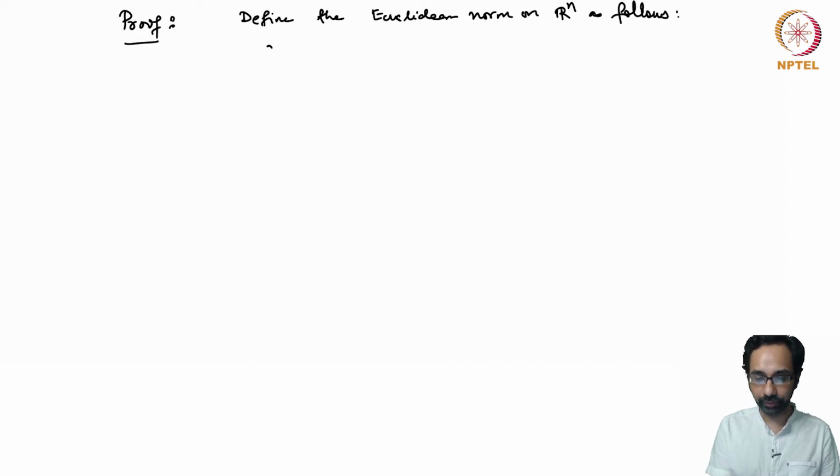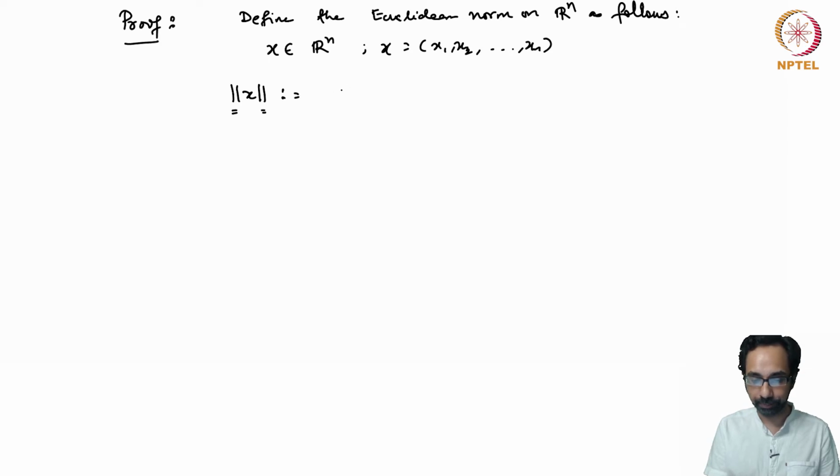For x a point in R^n of the form x equals x1, x2 up to xn, we define the Euclidean norm, which is written with two vertical bars like this, and this is nothing but the distance of x from the 0 in R^n.